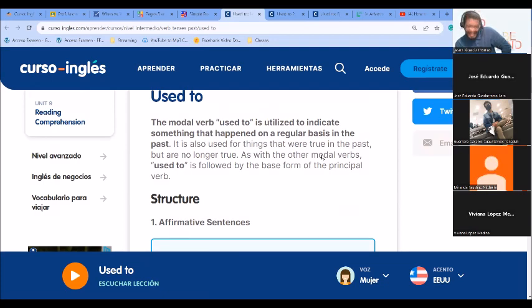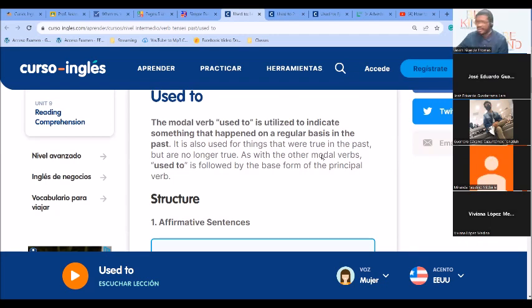Is utilized to indicate something that happened on a regular basis in the past. It is also used for things that were true in the past, but are no longer true. As with the other modal verbs, used to is followed by the base form of the principal verb.